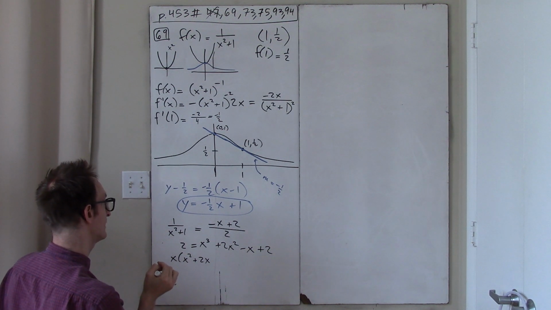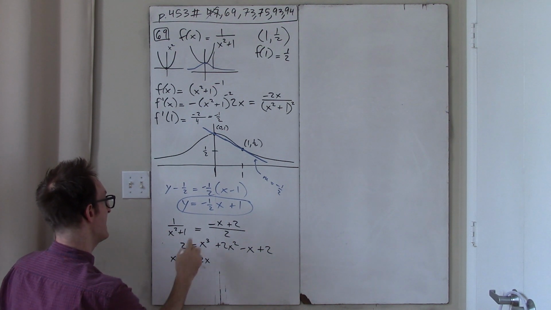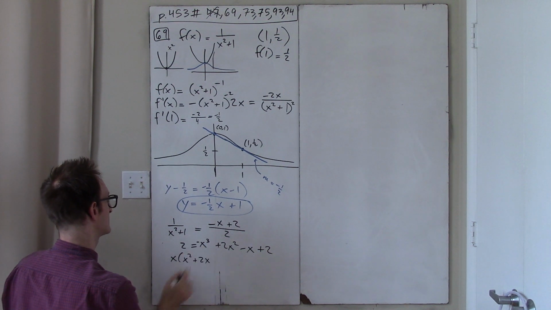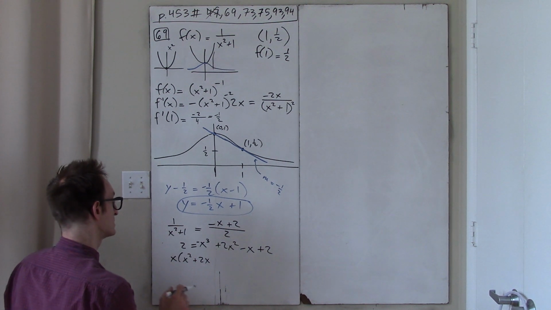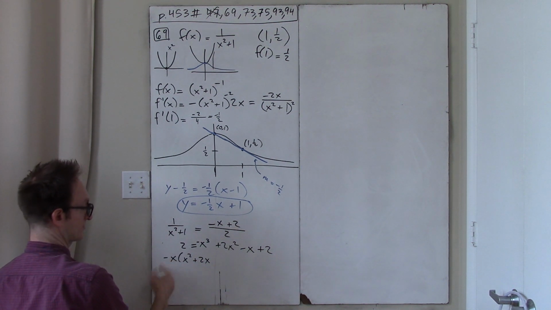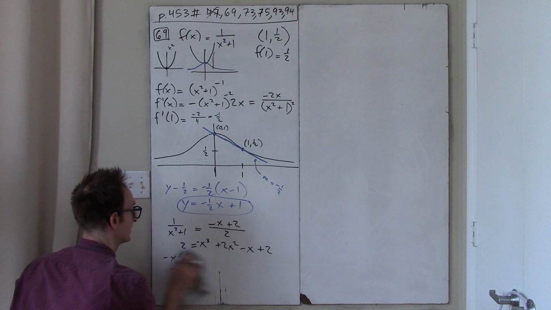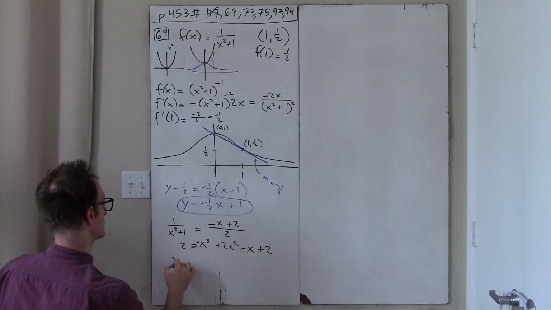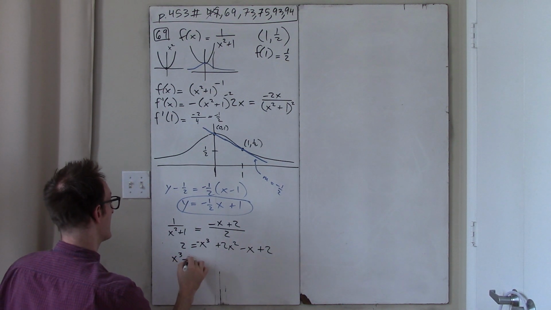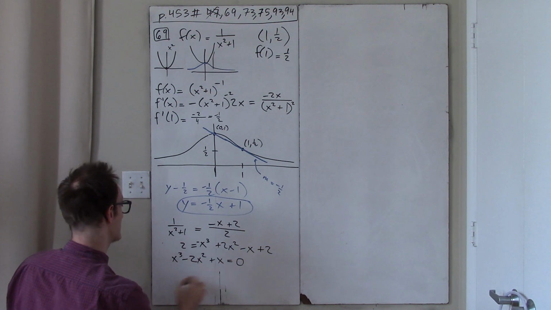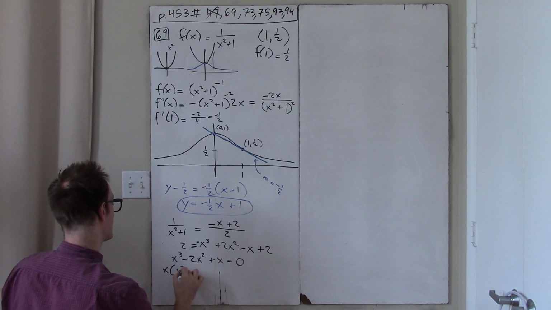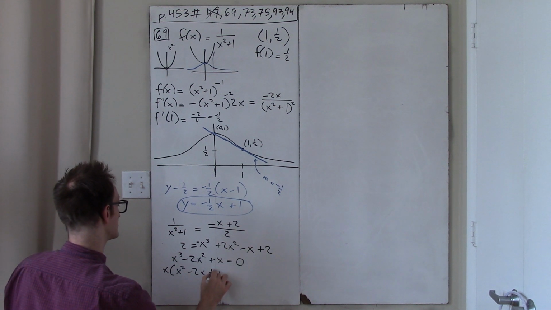What happens? 2 equals negative x cubed plus 2x squared minus x squared. Yeah. So really this is like negative x, or, okay, sorry. Cancel the 2's and this becomes x cubed minus 2x squared plus x. And that is x squared minus 2x plus 1.